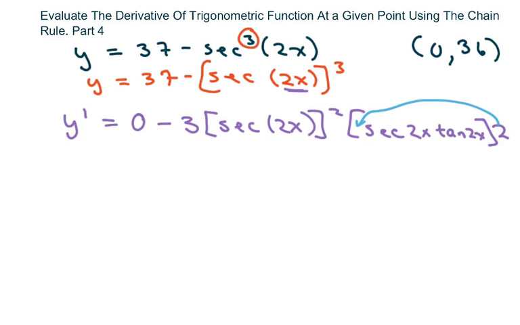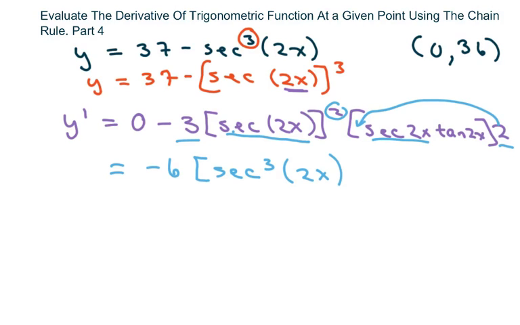Now, cleaning all this up, I'm going to multiply the 2 times the negative 3. So we get negative 6, and then we have 3 of these. We've got 2 here and 1 here. So that's going to be secant cubed of 2x, and then we just have 1 of these.